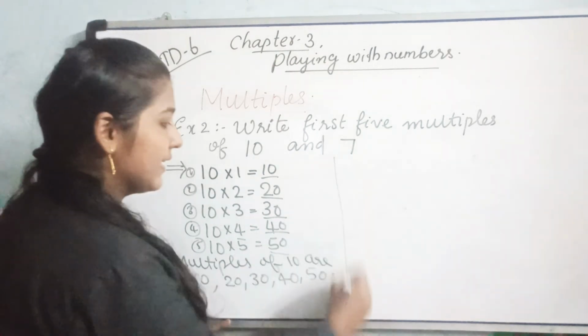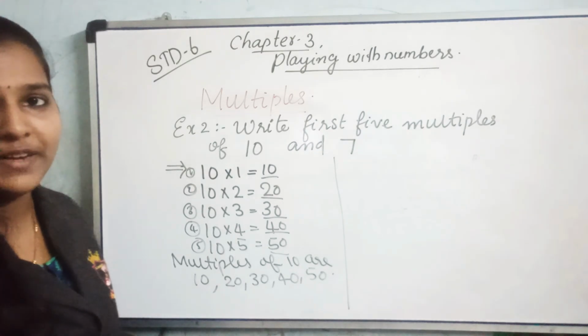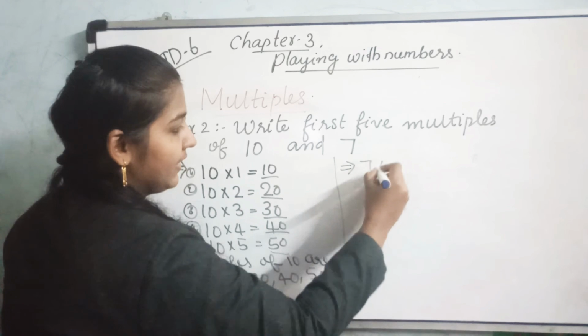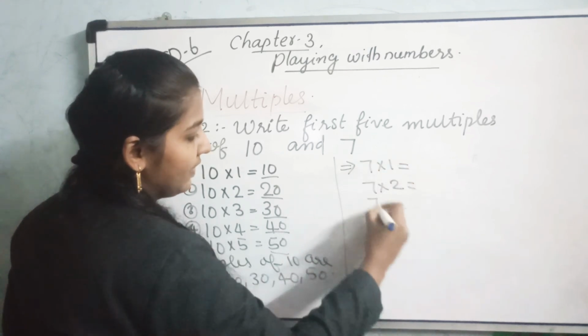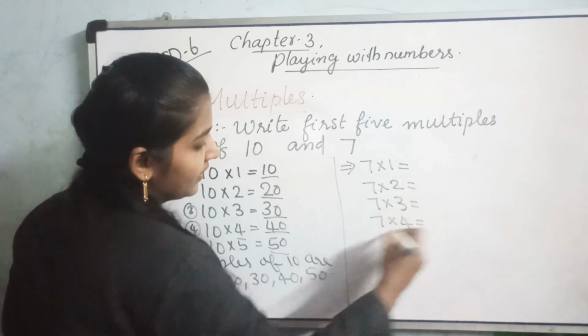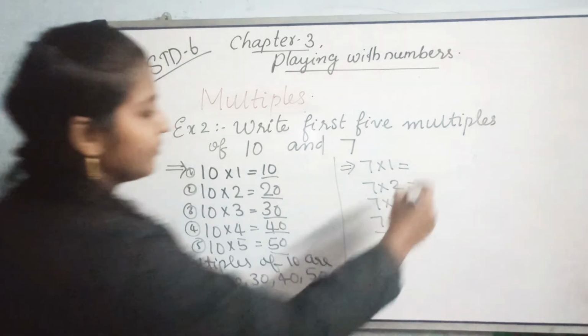Now come to the next question, that is multiples of 7. How can we find them? Yes, the same way. Multiples of 7: 7 into 1, 7 into 2, 7 into 3, 7 into 4, 7 into 5. Okay, this much is enough.